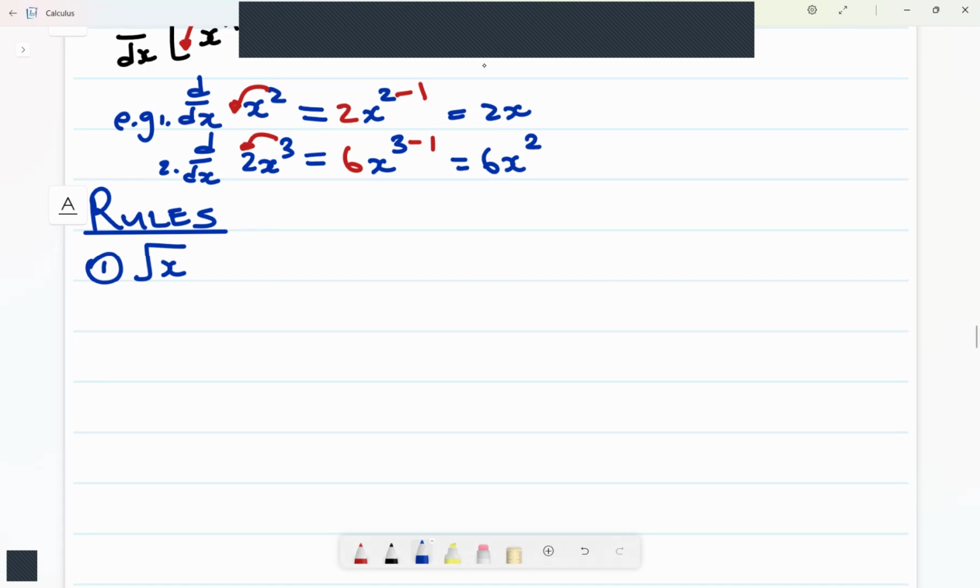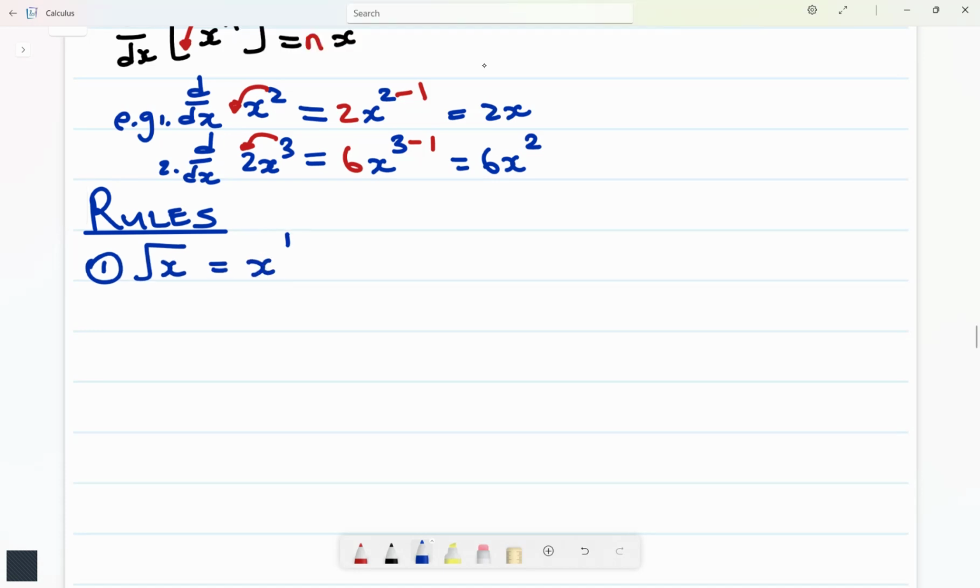When it is like this, you have to change it into x to the power of half. Or if you have the cube root of 2x, you have to say 2x all raised to the power of 1 divided by 3. Just apply rules of exponents.